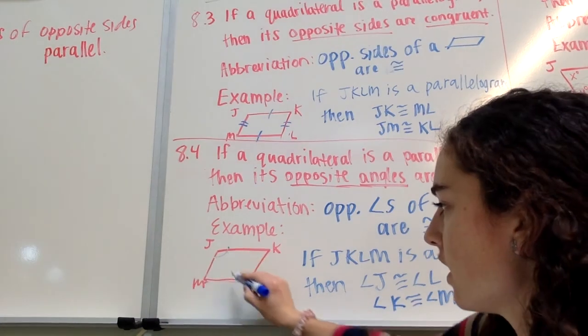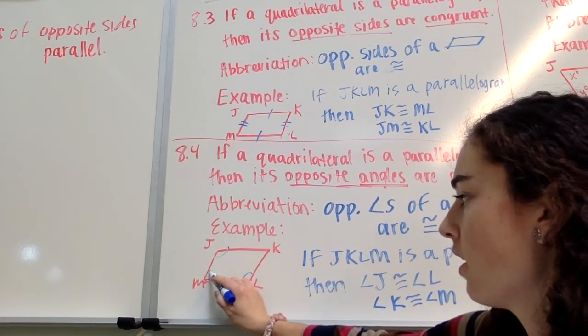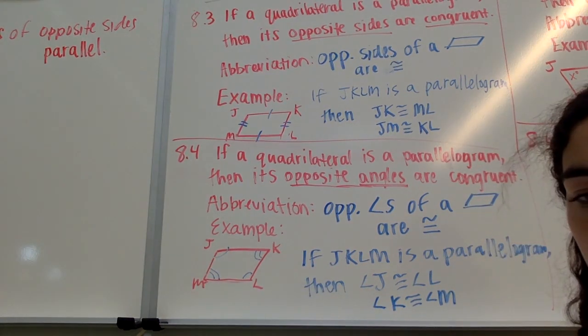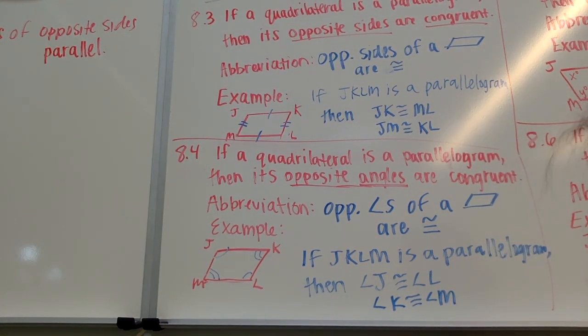So J is congruent to L with one arc, and K is congruent to M, and you'll put a double arc, that those two across from each other are congruent.